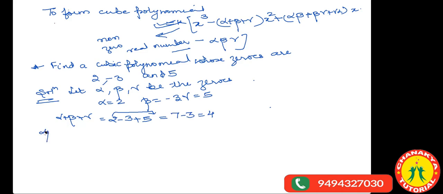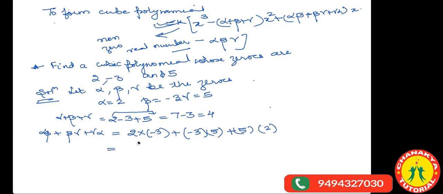Now find alpha beta plus beta gamma plus gamma alpha. Now put the values of all the alpha, beta, and gamma variables. So alpha is 2 into beta is -3, plus beta is -3 and gamma is 5, plus gamma is 5 and alpha is 2.